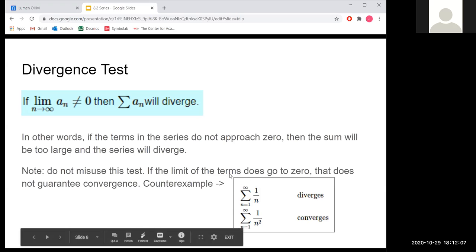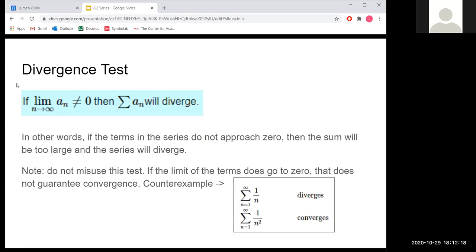I listed a counterexample here. But as far as doing a question goes, you can only state the series will diverge if the limit does not go to 0. And that's it. You can't modify that statement in any way.